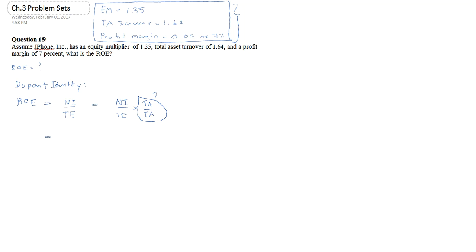If I do it this way, it doesn't change anything, because this is equal to 1, but it will give you something very interesting and new.